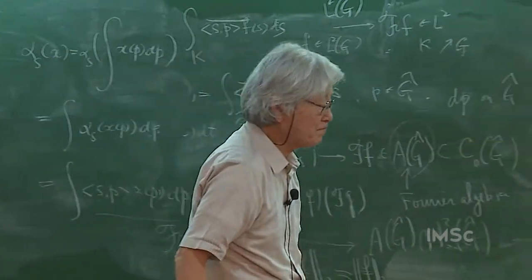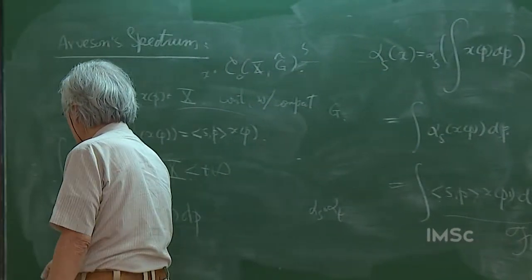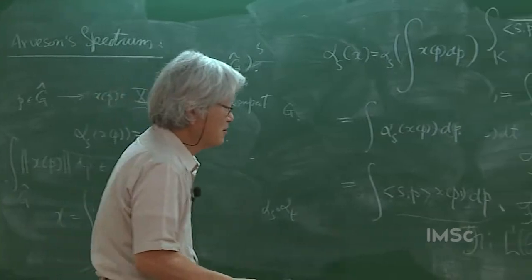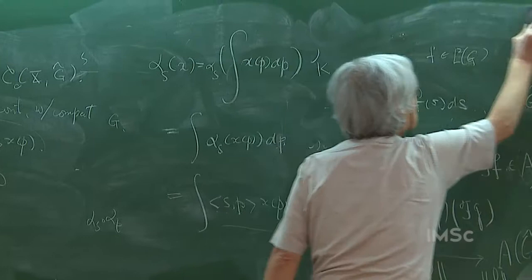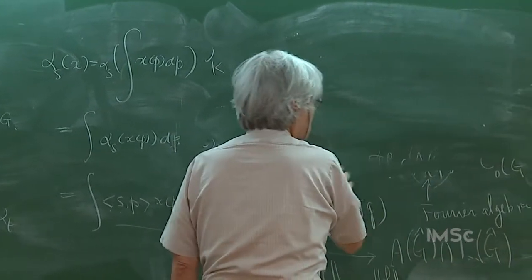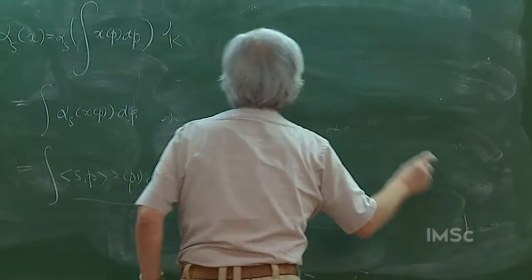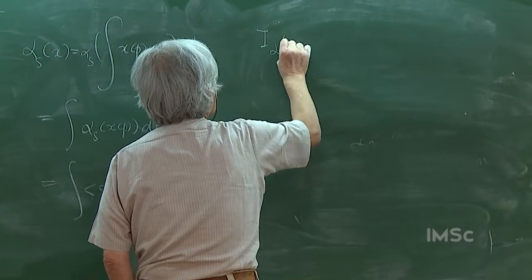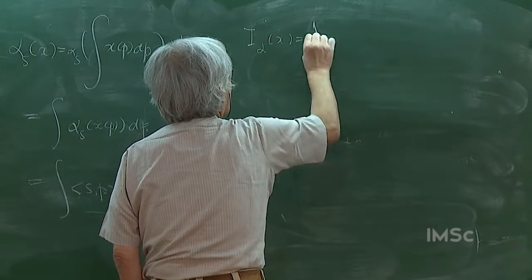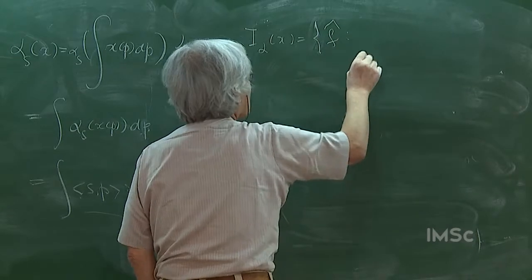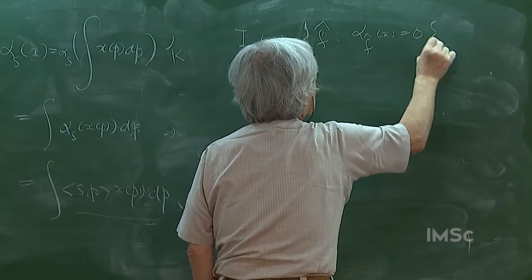Now, what is I_alpha of x for this particular x? It consists of those f hat such that alpha f hat of x equals 0.